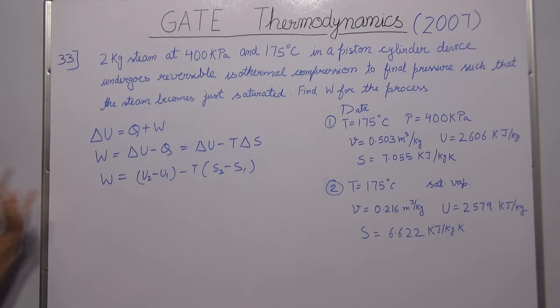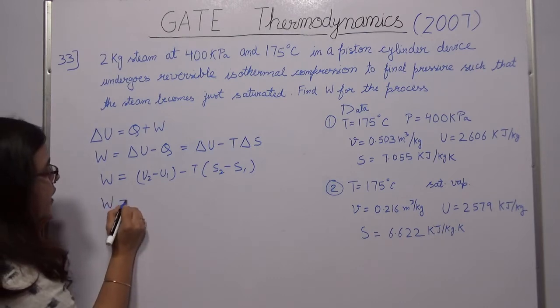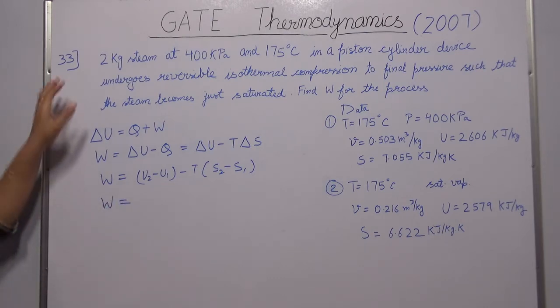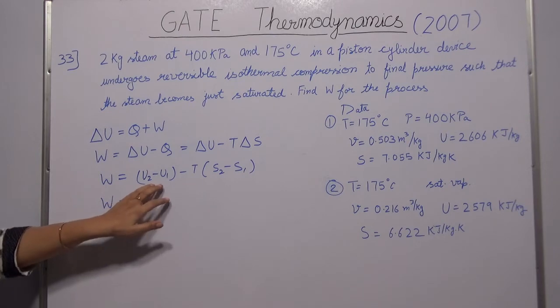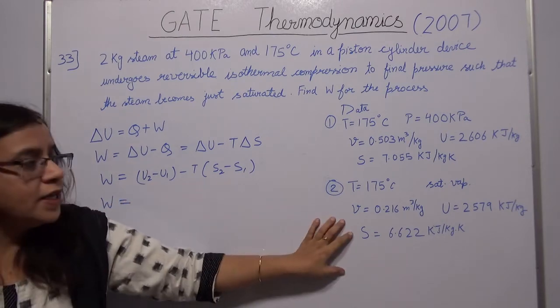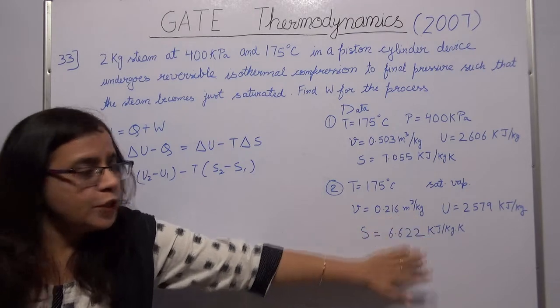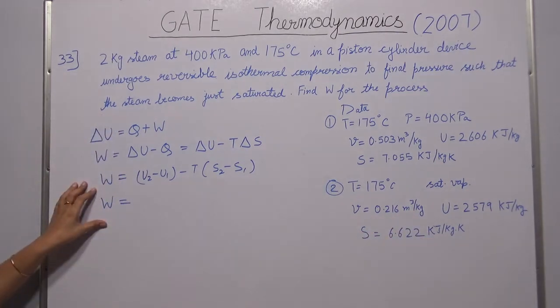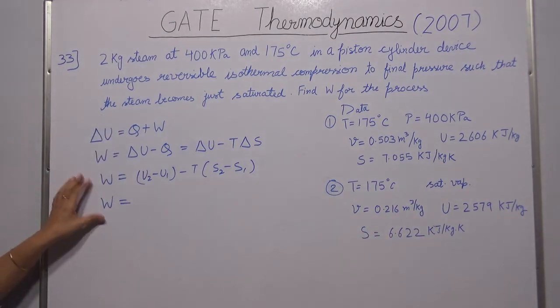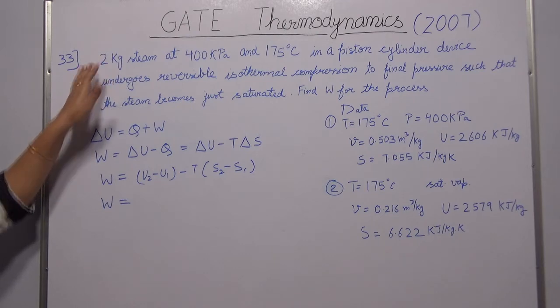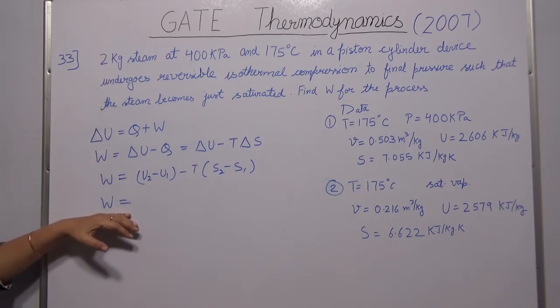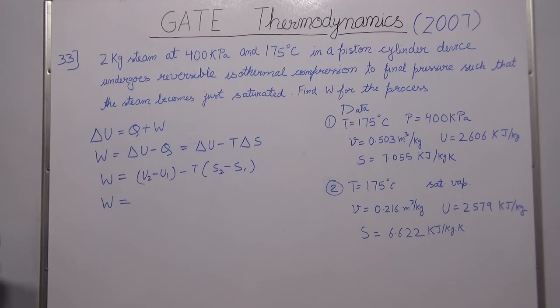I am going to find out the work done per kg of steam, because here I am using specific quantities which are per kg. So what I am calculating is work required per kg of steam compressed. Let's first find this out and then we will multiply it with 2 to get the final answer.